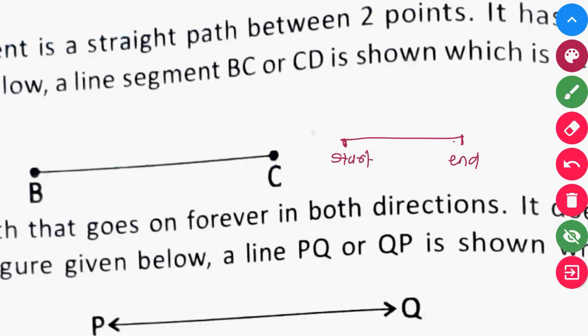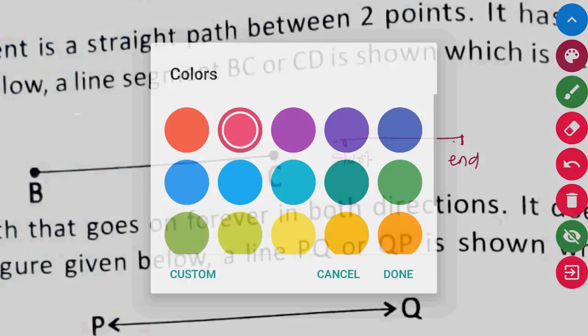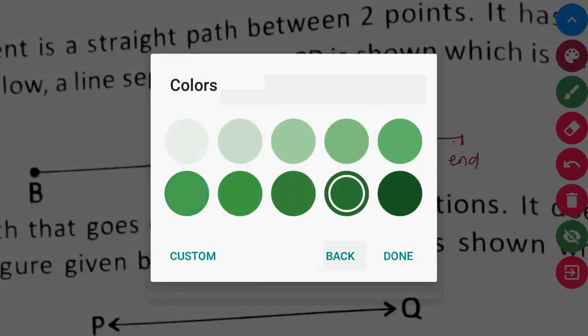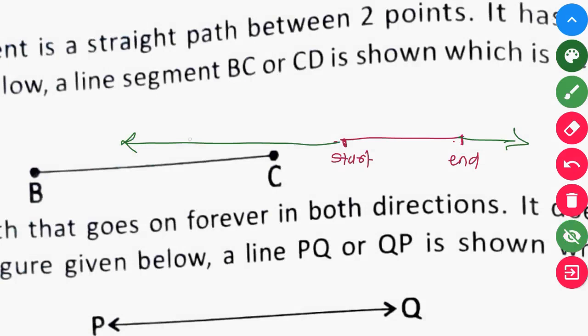But this line segment is on a particular line, and a line can be extended on both sides, right and left also, and it has no end, it has infinite ends.